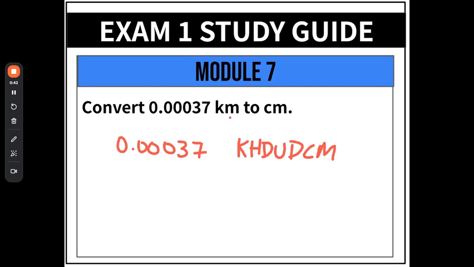And we're starting with kilometers and we're going to centimeters. So we're going to start here and we're going to end up here. So that's going to be 1, 2, 3, 4, 5 to the right. So we're going to do the same thing here. 1, 2, 3, 4, 5. So our answer is going to be 37 centimeters.